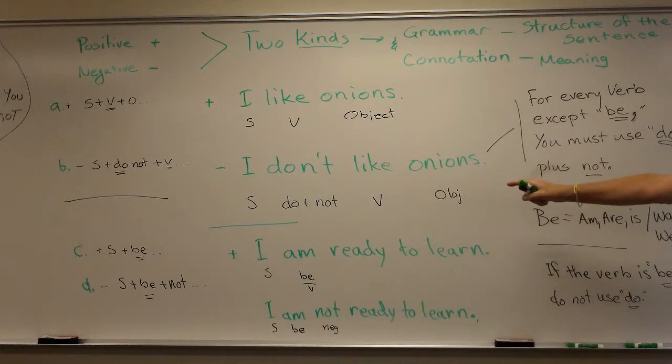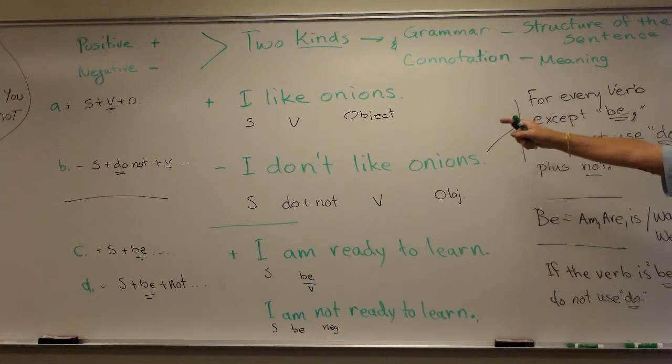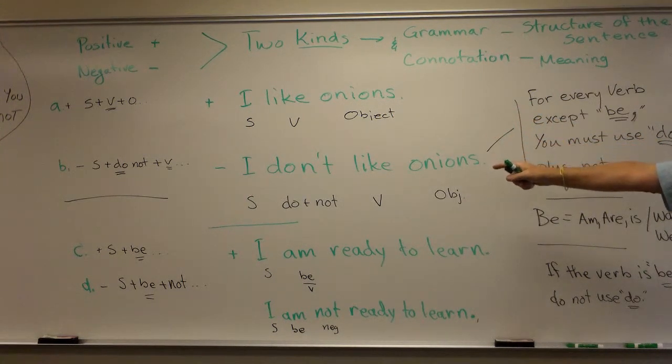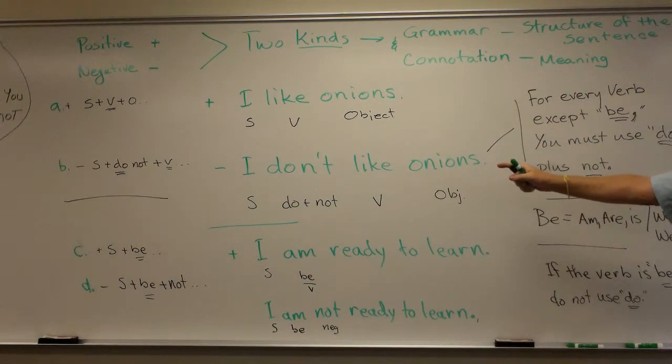Subject plus do plus not plus the verb, okay, like. I love onions. I don't love onions, okay. I eat onions every day. I don't eat onions ever.